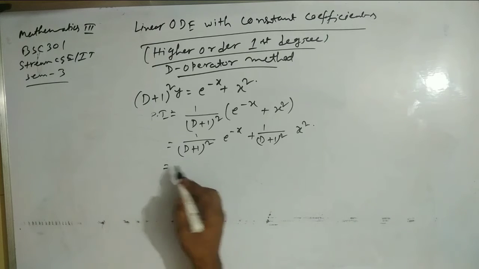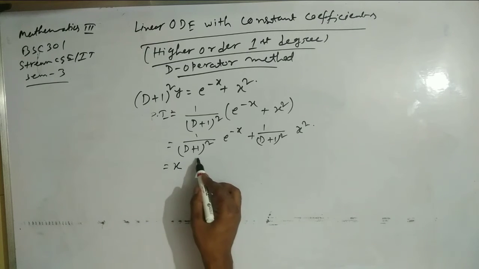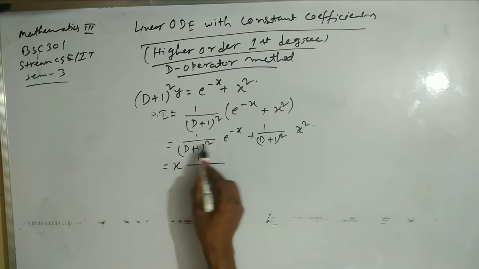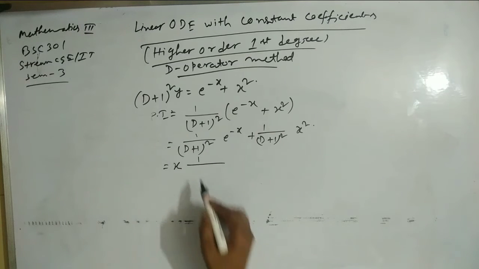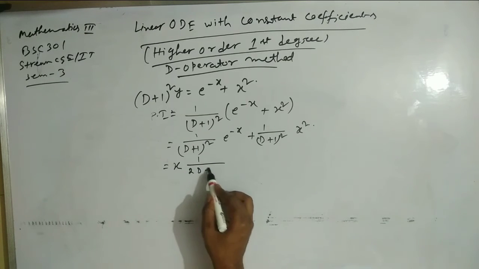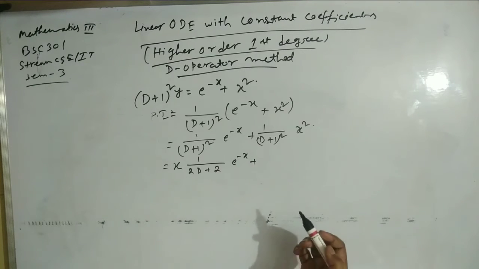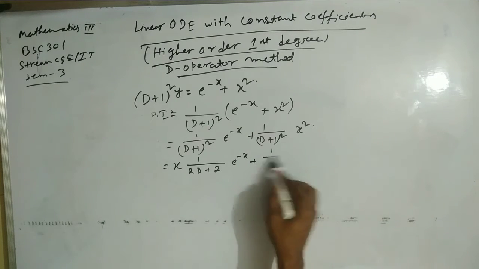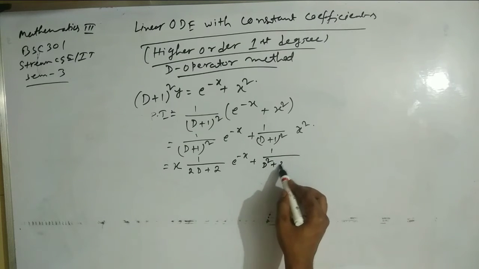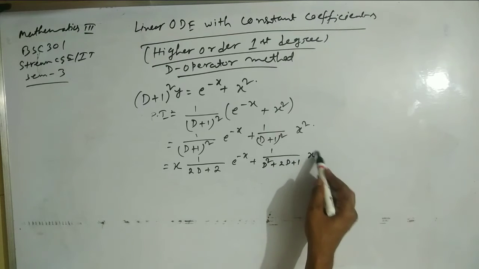Then we have to write x and differentiate the denominator once. So it will be x by (2D plus 2) e to the power minus x plus, I am splitting this, 1 by (D square plus 2D plus 1) operating on x square.